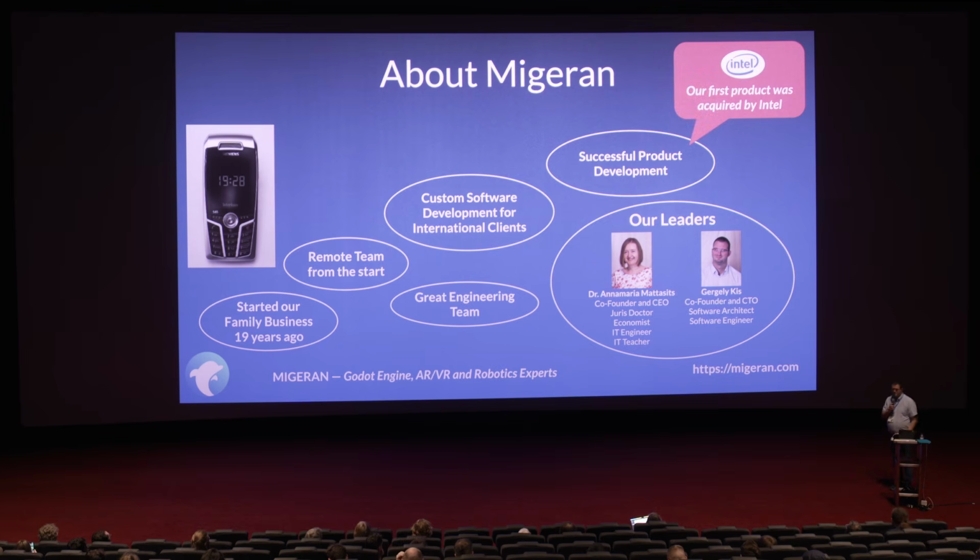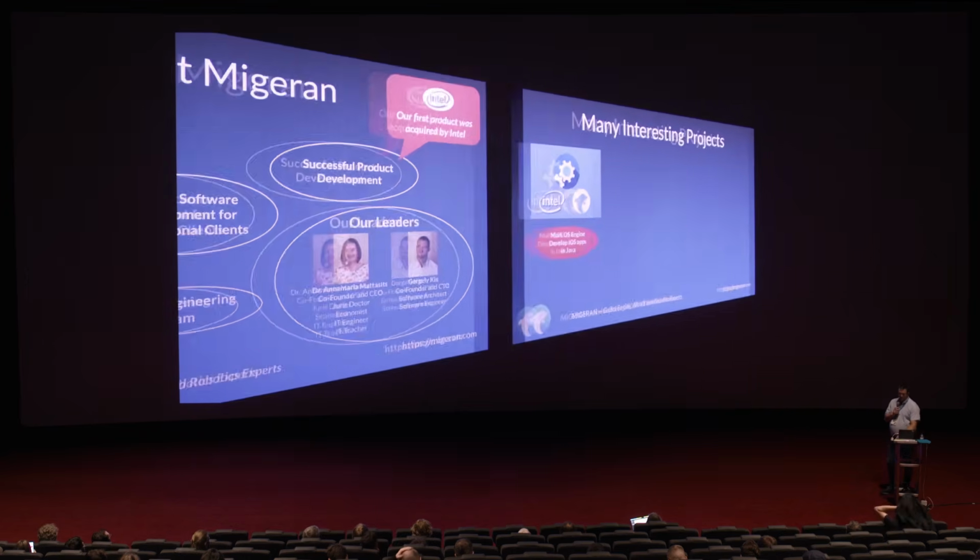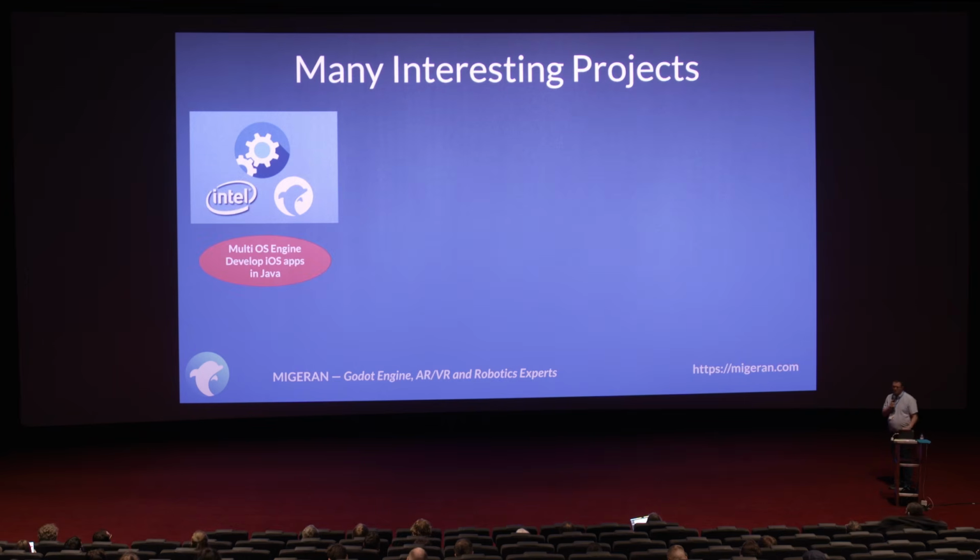And our first own product was purchased by Intel, which was the MultiOS engine that allowed developers to write iOS applications in Java. Intel later open sourced this. It's still a community project, there are still users of this project.